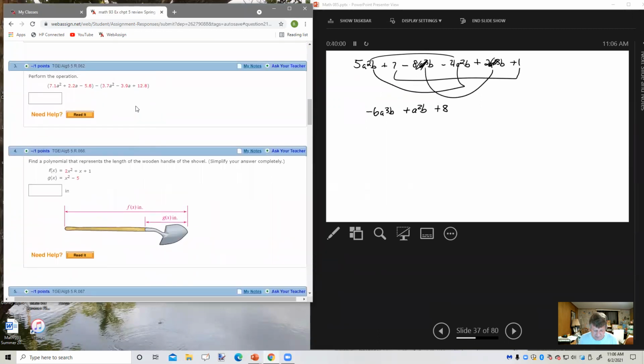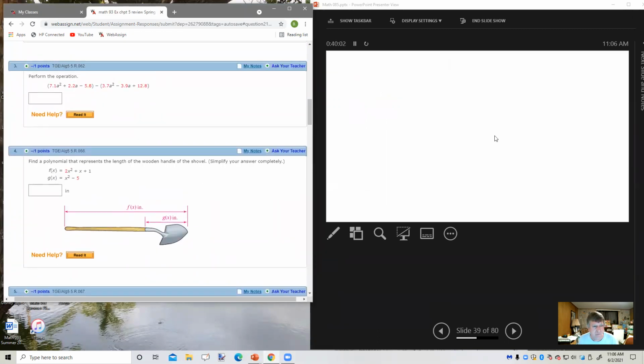Perform the operation. We've got 7.1a squared plus 2.2a minus 5.8 minus the quantity 3.7a squared minus 3.9a plus 12.8.